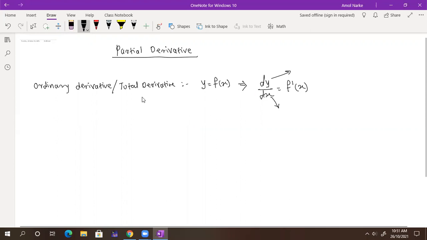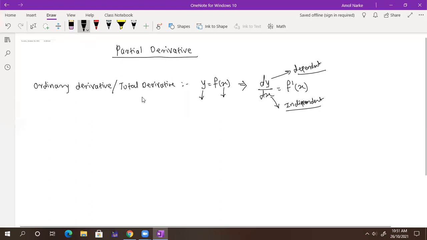Y is dependent on x. So this is the dependent variable, this is the independent variable. So here we have one dependent variable and one independent variable.